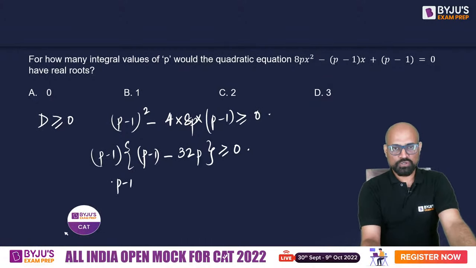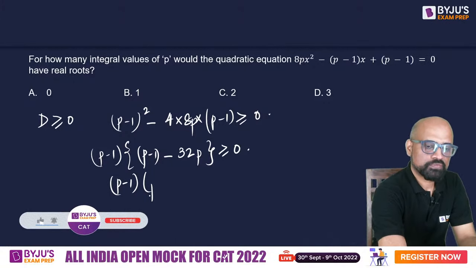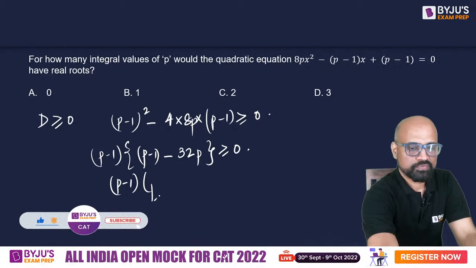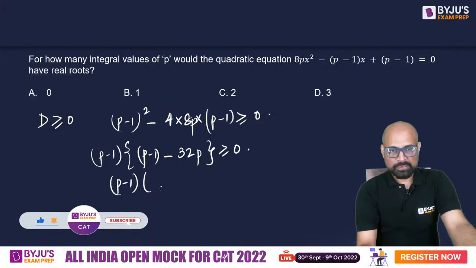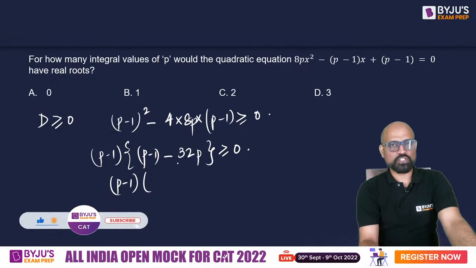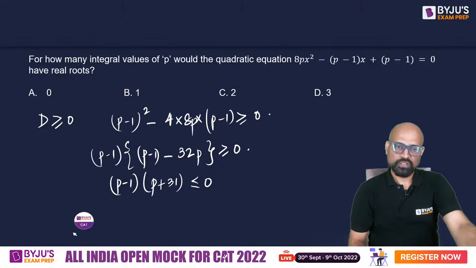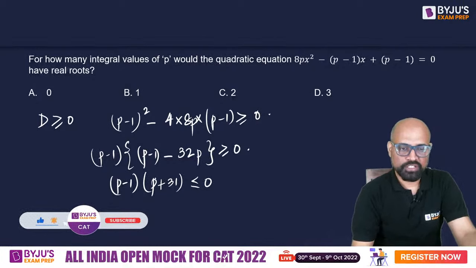So this is going to give us p minus 1 into, we can write over here, minus 1 minus 31p, right? So we can write this as p plus 31 and change the inequality because we have a negative sign over there. Sorry, 31p, not 31.